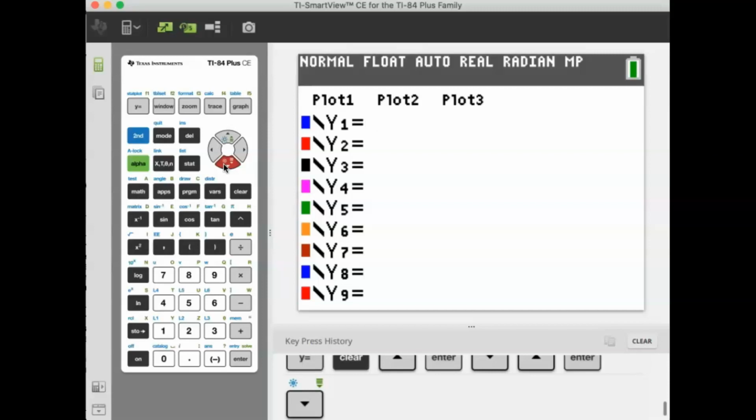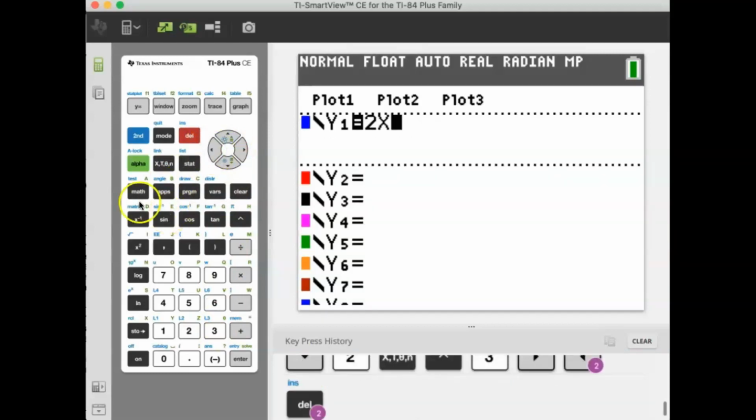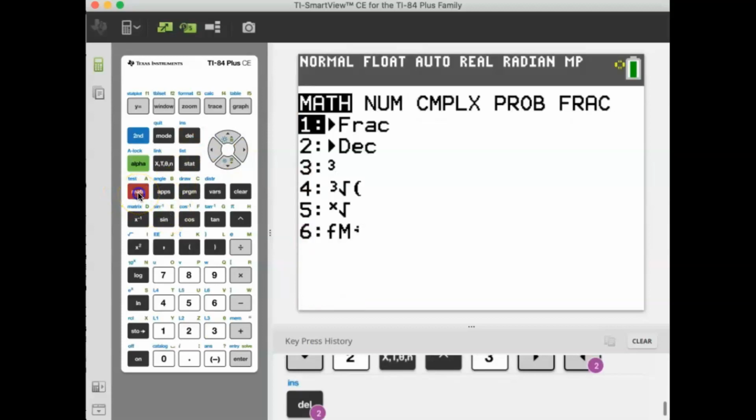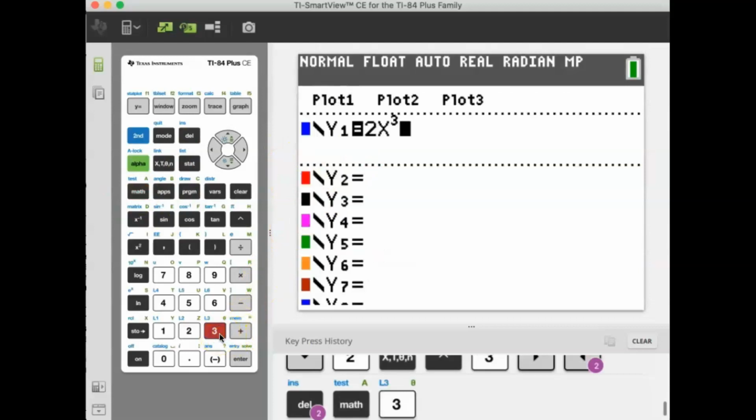We are, however, going to put in the equation 2x, which is up here underneath mode, and then you can either do the little upside down caret for the cube and then make sure you arrow over to get out of that exponential spot, or you can hit math, which is on the left-hand side, and notice the third one is the cube, so you can just hit that and it will automatically cube it for you.